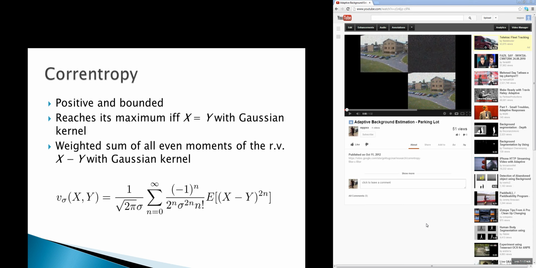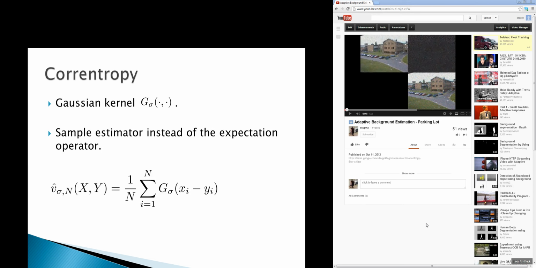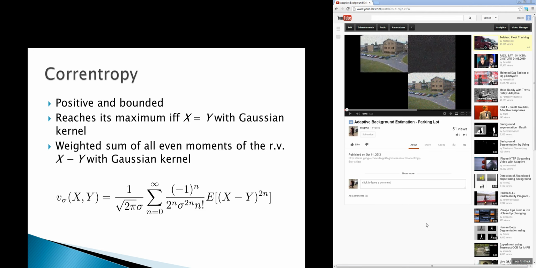And this comes from the Taylor series expansion of the Gaussian kernel. If we expand the Gaussian using the Taylor series expansion, we see that it is basically the expected value of x minus y to the power of 2n. Therefore, the sigma becomes a weighting factor for the importance of the different moments.